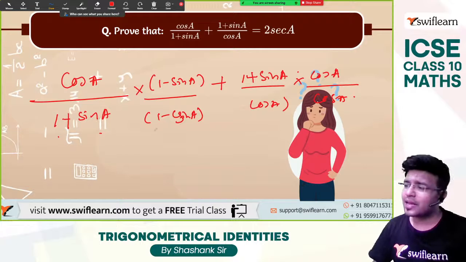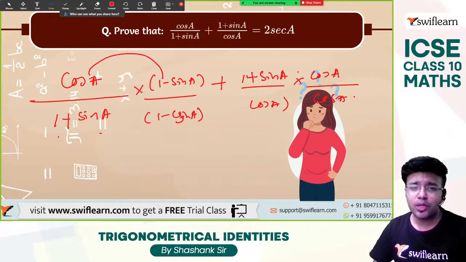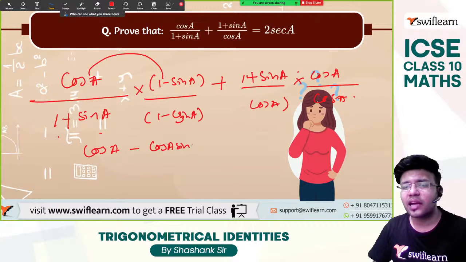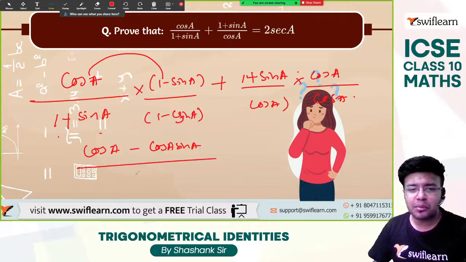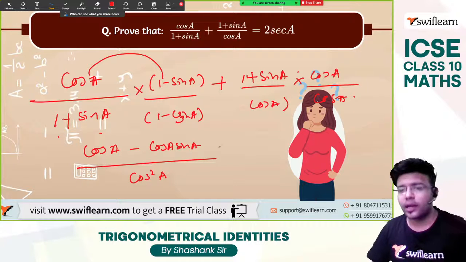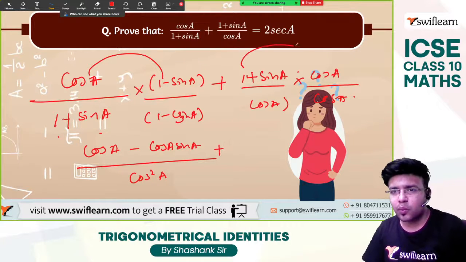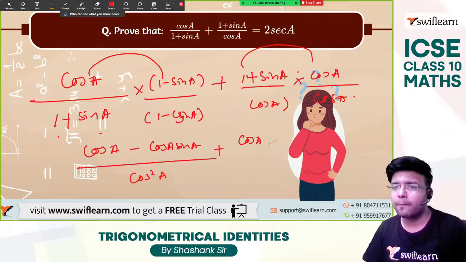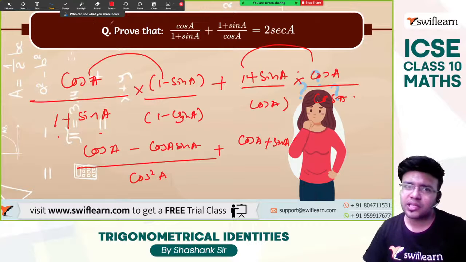1 minus sin square A is cos square A. So cos into 1 is cos A minus cos A sin A divided by cos square A, plus 1 into cos A is cos A plus sin A cos A, or cos A sin A, the same thing.